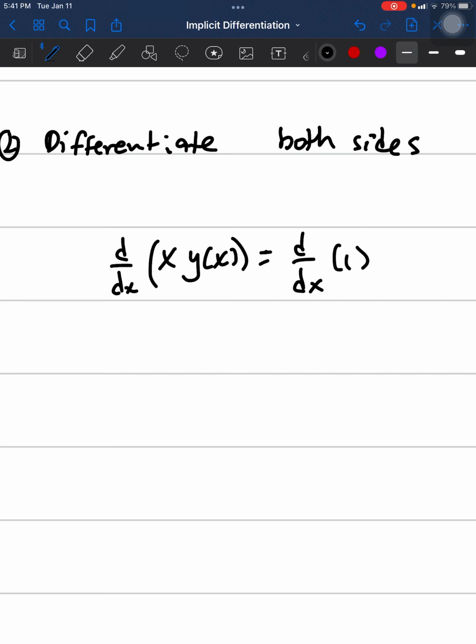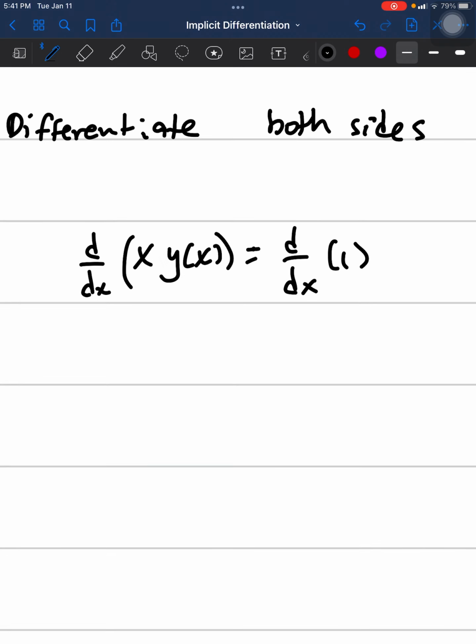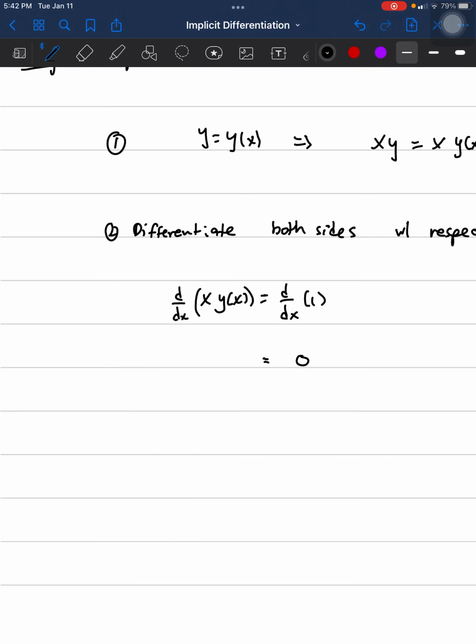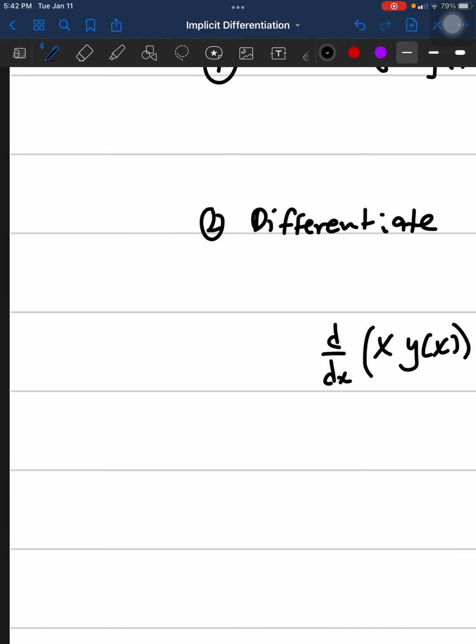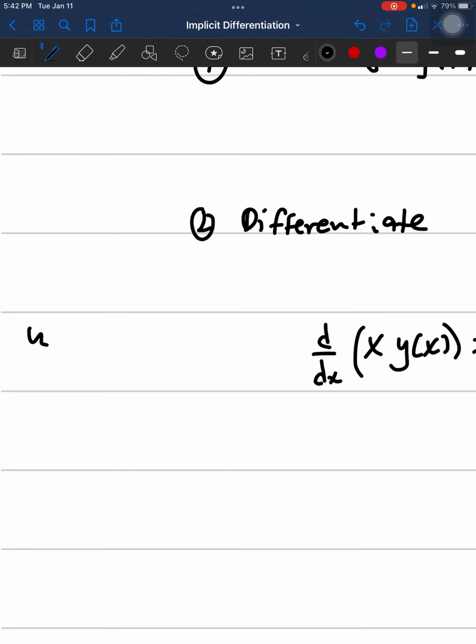When we differentiate this, the right side of the function is a constant, so the derivative of a constant is just 0. Now, on the left side, we're going to have to do the product rule. This is one of those rules from your basic list of differentiation rules.